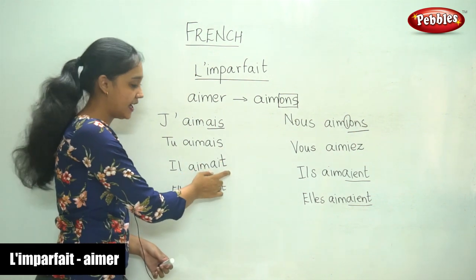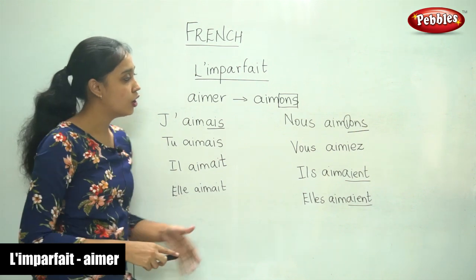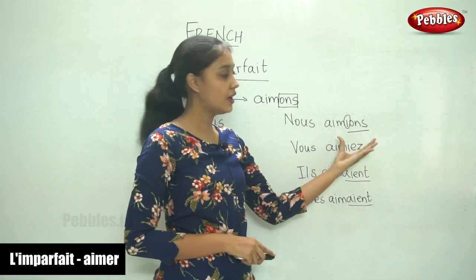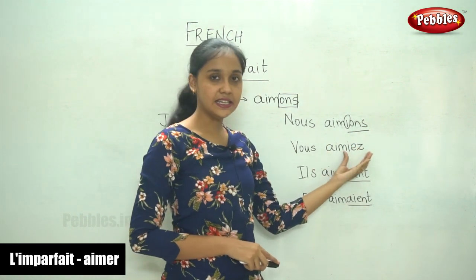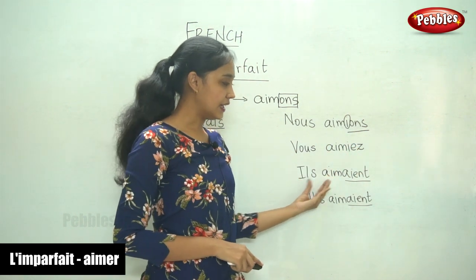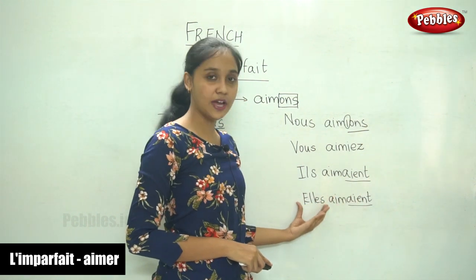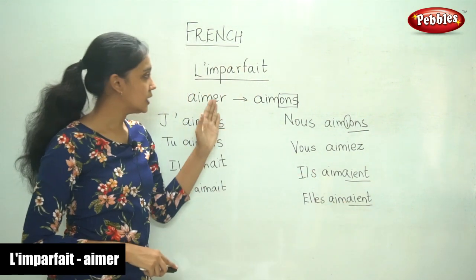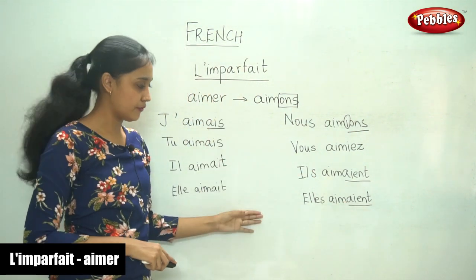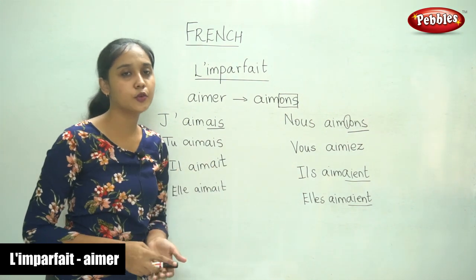Il, ait. For elle, ait. For nous, ions. For vous, iez. For ils, aient, and for elles, a-i-e-n-t. So this is how you write imparfait. So I will show you how to write the imparfait for a few more words now.